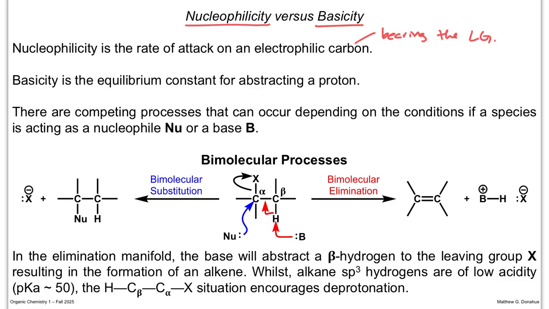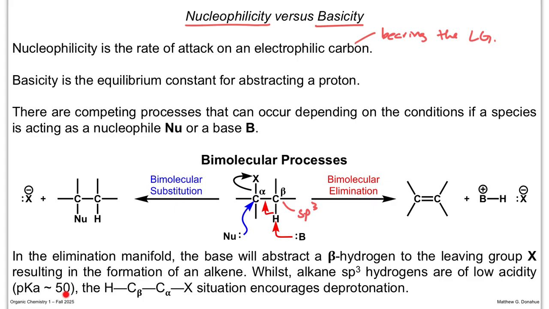What is kind of weird about this? That's an sp3 hybridized carbon. And so we learned that the pKa of an sp3 hybridized carbon with an H is about 50.